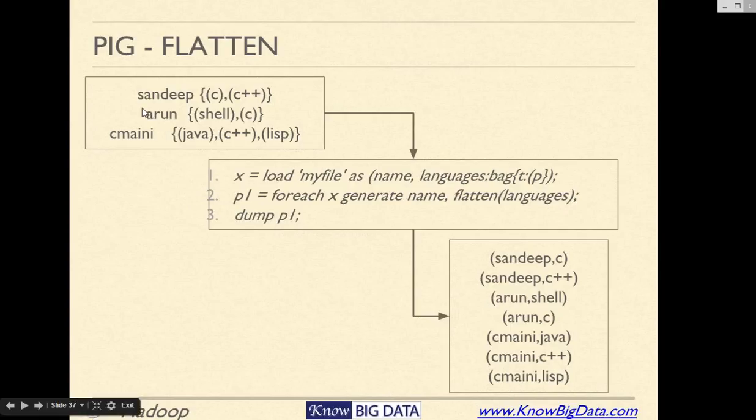What is flatten? In flatten, you get the input data set in this format: the name of the person and the languages he can write. Sandeep can write C, C++, Arun can write shell and C, and so on. You can flatten the data and get something like this.